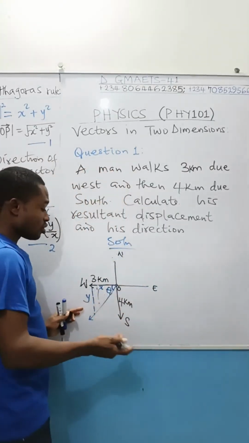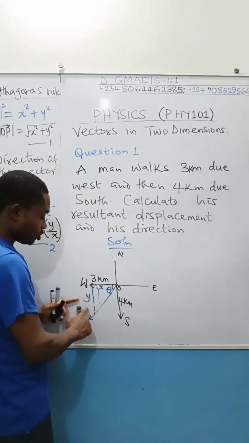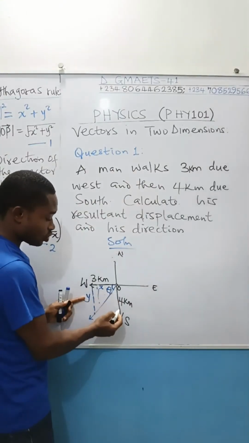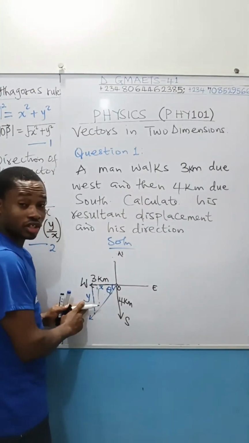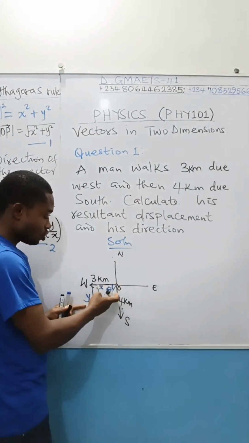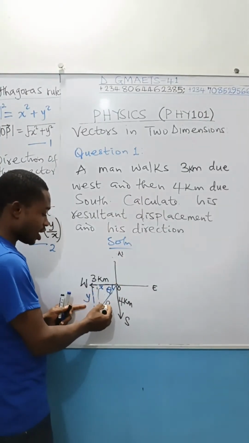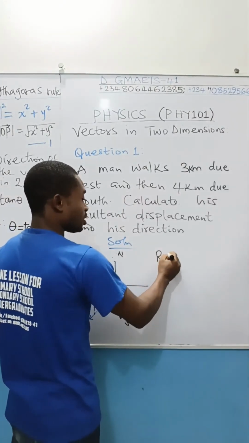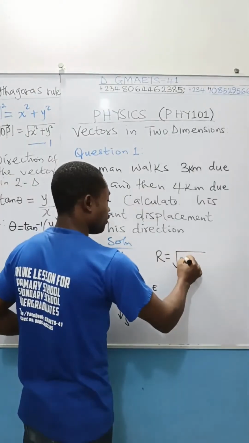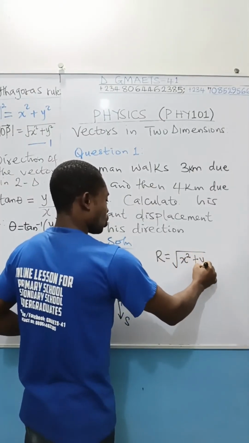Applying Pythagoras theorem, because this is a right angle triangle. Look at your y. This is the value from here to here. Are you getting me right? Because the value you have along the vertical is what you transfer here. So we don't know this resultant. Let's call this R. From Pythagoras theorem, the resultant is simply the square root of x squared plus y squared.